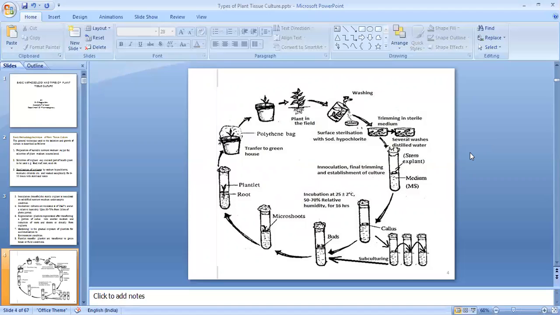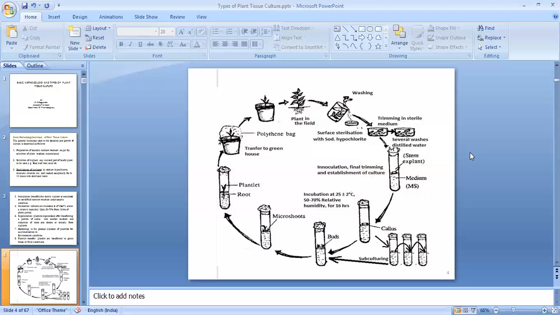Right from the plant which is in the field, from that the explant is taken, washed well and sterilized, and again washed and trimmed and inoculated into the solid medium, and then it is subcultured once the callus is formed, and after subculturing it starts giving out the buds, and then the microshoots are formed, and again it is developed into a plantlet along with the roots, then transferred to the greenhouse and then to the open field.